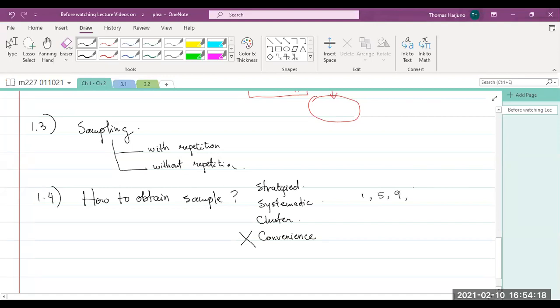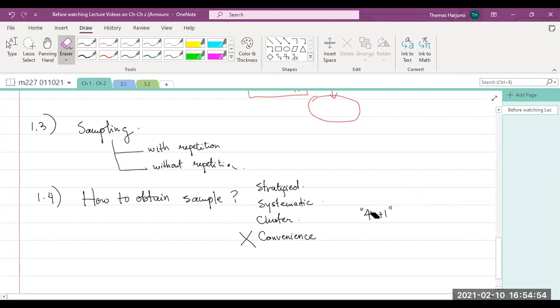So the first person coming through that door, I will ask his age, and then the 5th person, and the 9th person, and then the 13th. Okay, so the 13th person, what's your age? The 17th person, what's your age? How about the 18th person? No, you are not in my systematic count. I only take every 4n plus first, for example. Now that's called systematic.